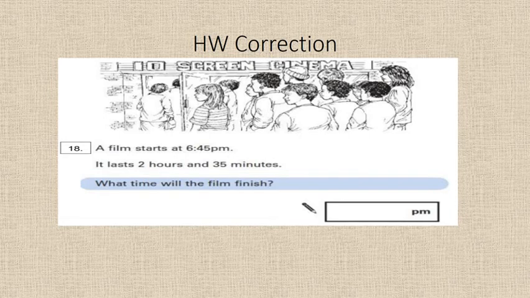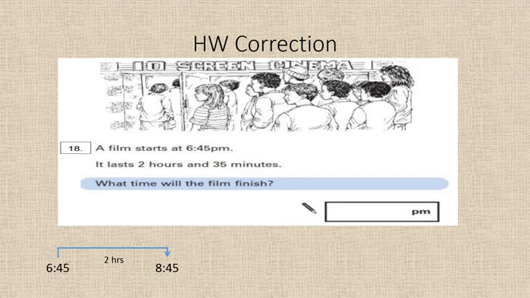The best way, in my opinion, to solve it is the timeline method. I will start with 6:45 and go 2 hours. So 6:45 after 2 hours is going to be 8:45, and after that I want to walk for 35 minutes. So I will break it down a little bit.